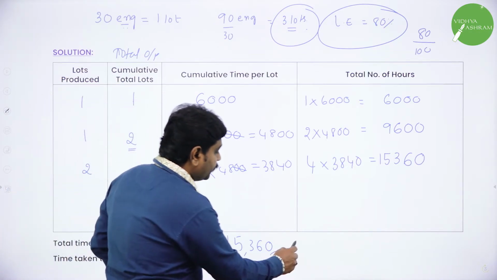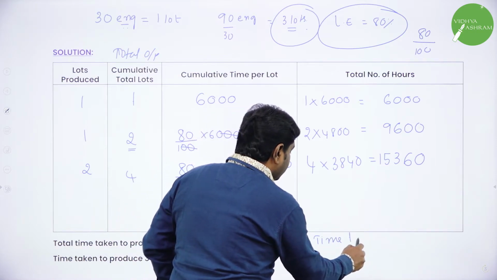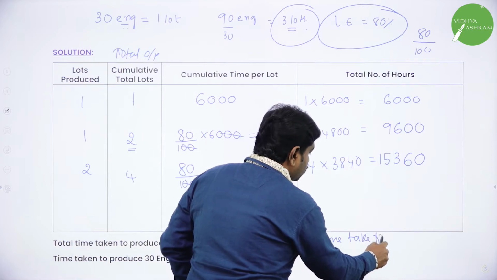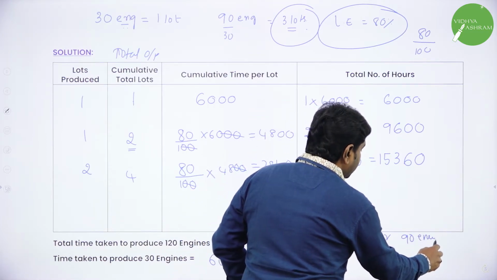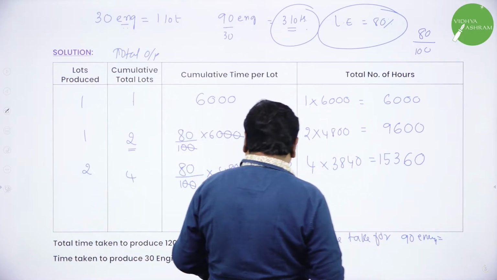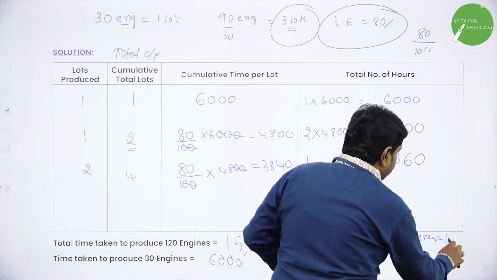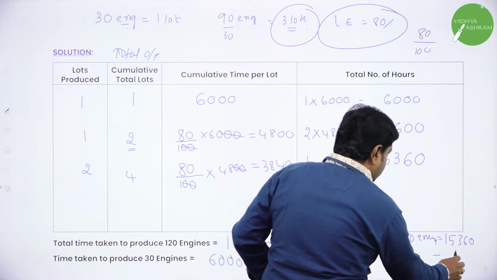So therefore, time taken for 3 lots, that is 90 engines, will be time for 120 engines minus time for 30 engines, that is 15360 minus 6000.